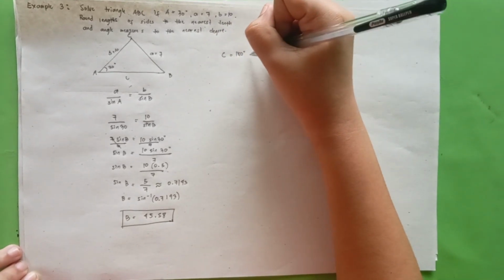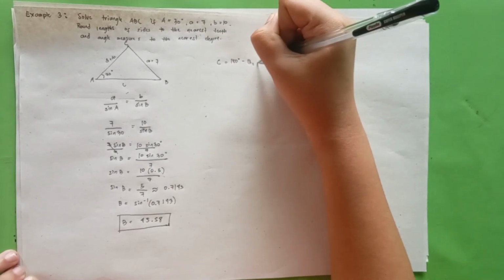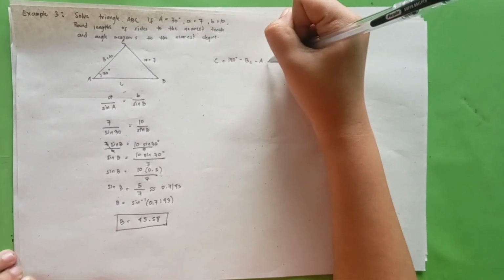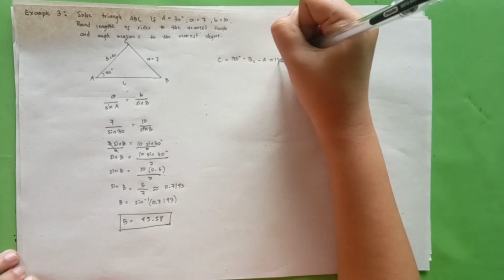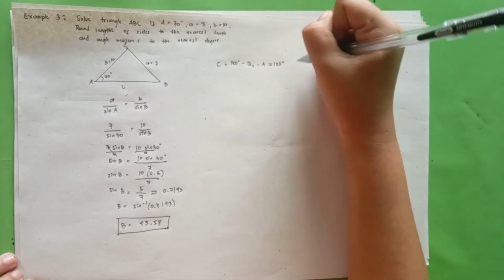Now, to solve for C, we use 180 degrees minus B minus A, or 180 degrees minus 45.58 degrees minus 30.